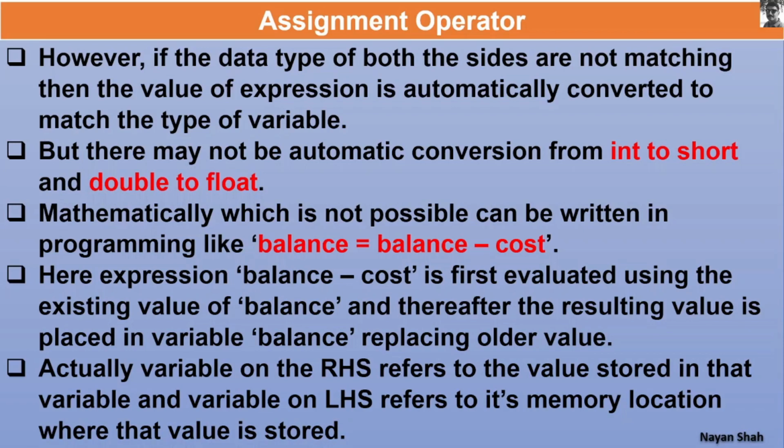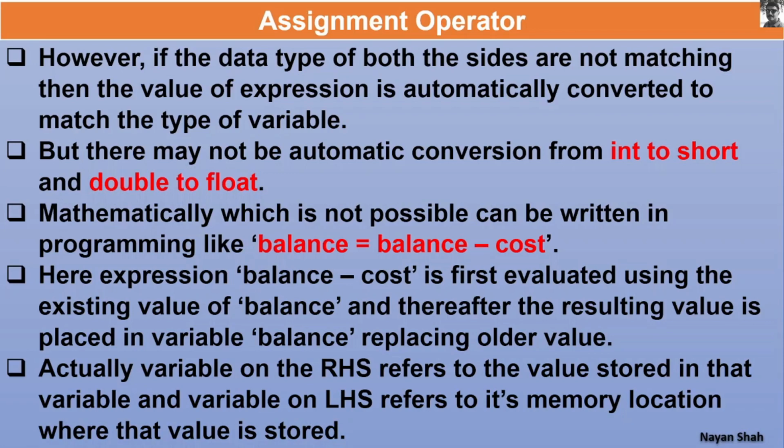Let us see that. Actually, the variable on the RHS, that is the balance on the right hand side, refers to the value stored in that variable. So in balance minus cost, that balance refers to the value which is stored in the balance variable. Whereas the variable on the LHS, that is the balance written before the equal sign on the left hand side, refers to its memory location where that value is stored.